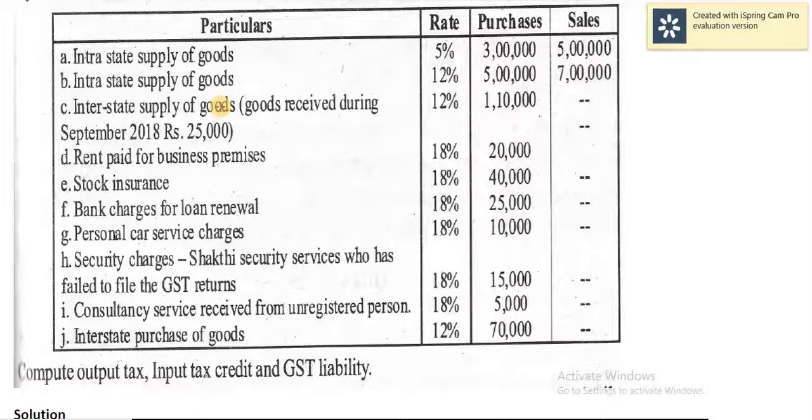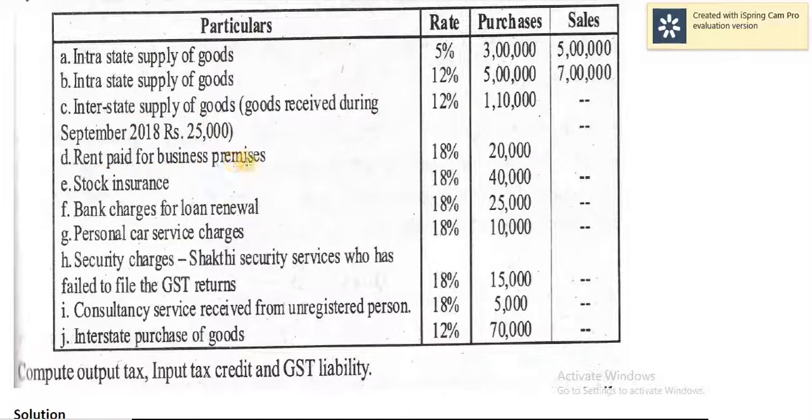Interstate supply of goods, 1,10,000, so it is only inward supply, so since it is interstate, IGST, but out of 1,10,000 you have to deduct the goods received during September, next month.